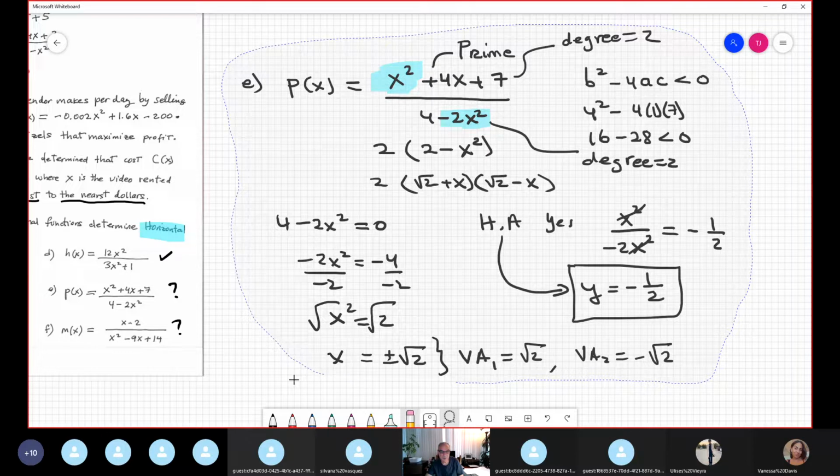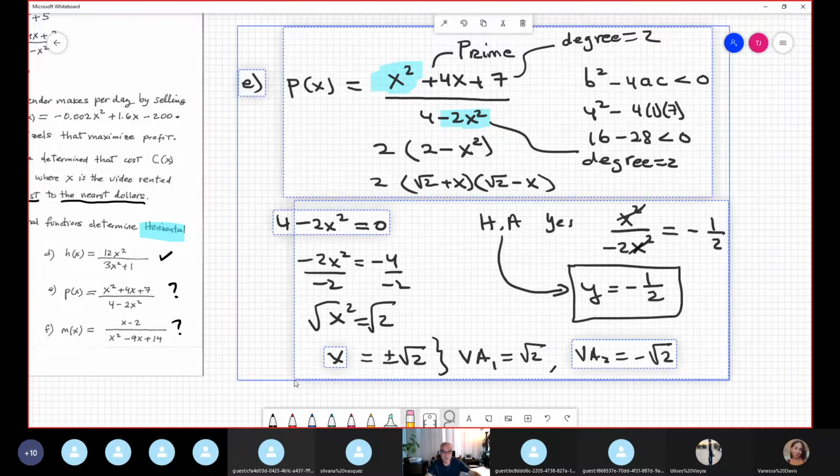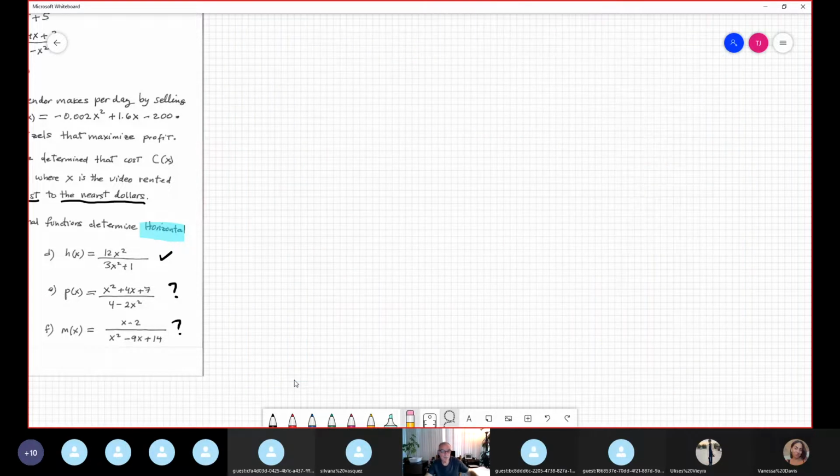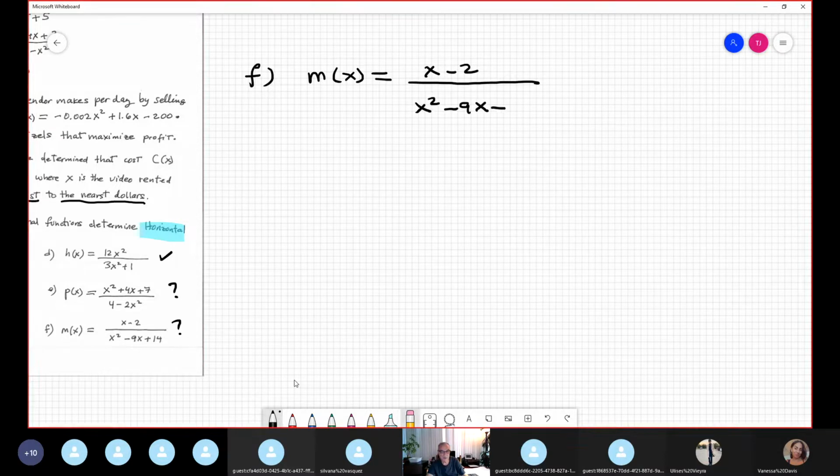Let's do the last one. The last one is example F. This is tricky. Pay attention, please. M of x is equal to x minus 2 over x squared minus 9x plus 14.